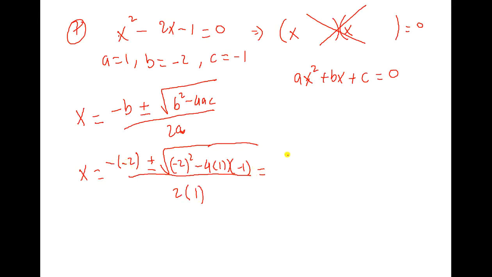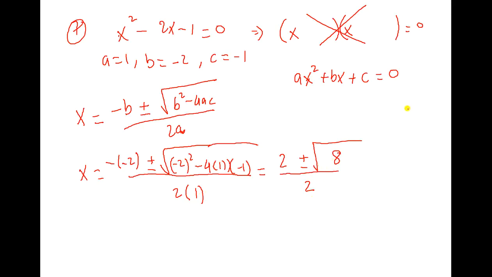Now minus minus 2 is going to be plus 2, plus or minus. Minus 2 squared is 4. 4 times 1 times minus 1 is minus 4. Minus 4 with the minus in front becomes plus 4. 4 plus 4 here is 8. Divide by 2 times 1, which is 2.